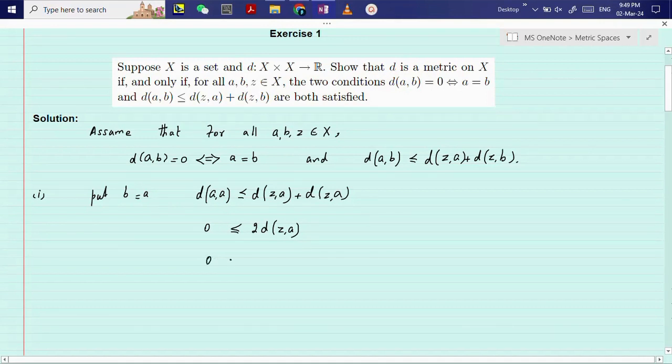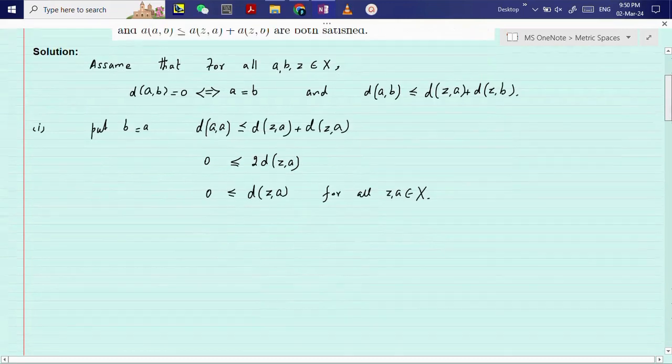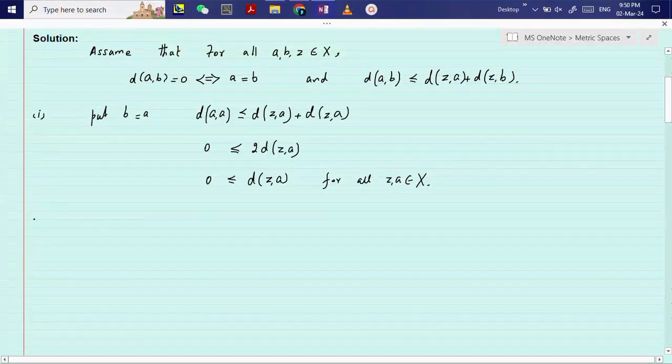Then we get 0 is less than or equal to D of ZA by dividing by 2 on both sides, and this holds for all Z, A belonging to X. So this is the first property, non-negativity, for D.